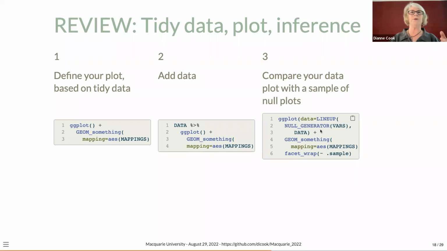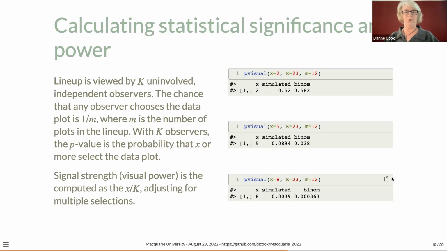Add your null generator in and add the lineup function. That's adding the inference onto your existing workflow. Once you've got a lineup, you can show it to people who don't know anything about your data and ask them to pick the odd one out.